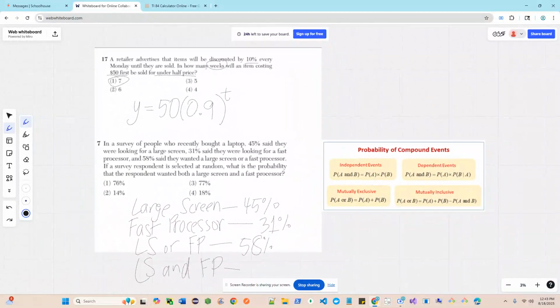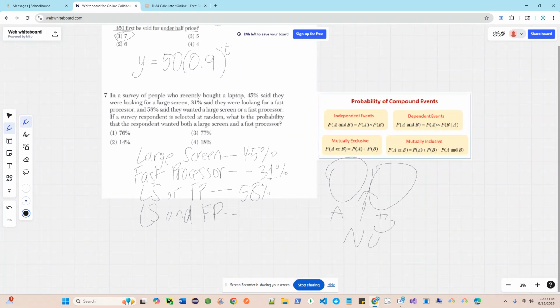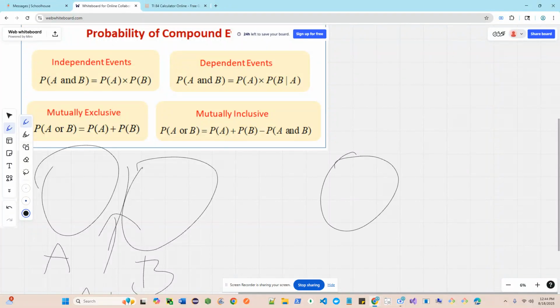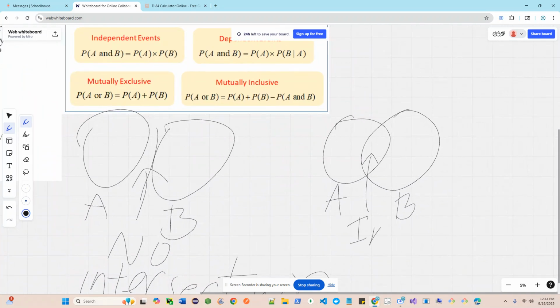Mutually exclusive means there is no intersection. So this is event A and this is event B, and there is no intersection in mutually exclusive events. So for that, you just do probability of event A plus probability of event B. On the other hand, when you have mutually inclusive events, that's when you have event A, event B, and you do have the intersection.